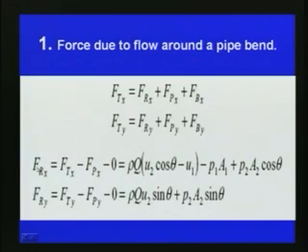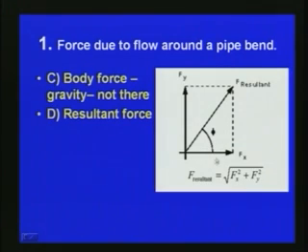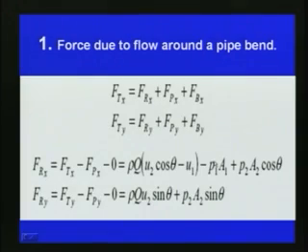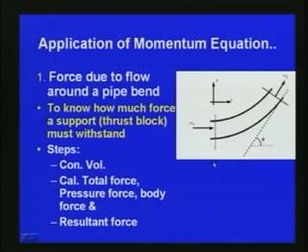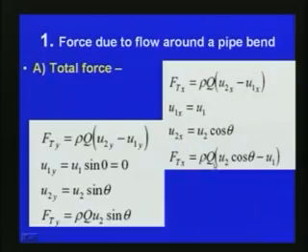So, we found the force in x and y directions, and then we can find the resultant force. That is the thrust required, so that the thrust block should withstand this force. This is one of the simple applications of the linear momentum equation. Further, we will be discussing some more applications of the linear momentum equations in the next lecture.